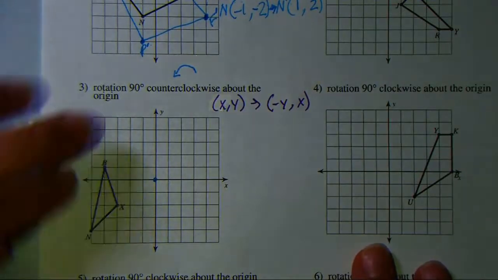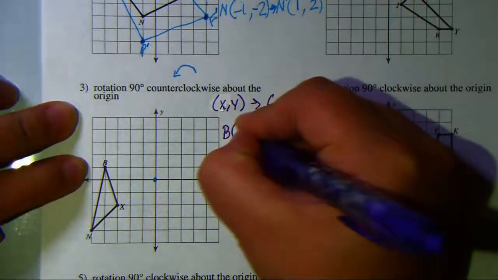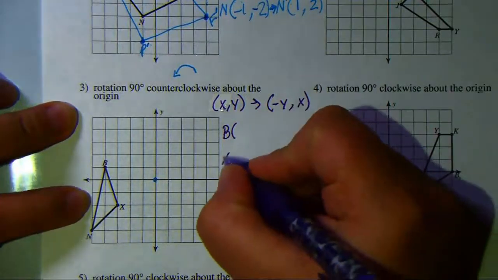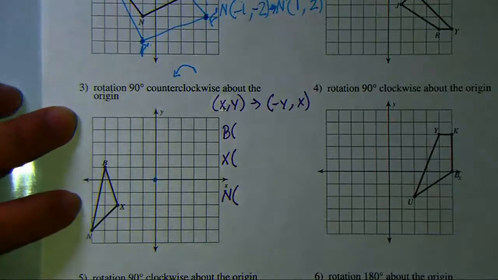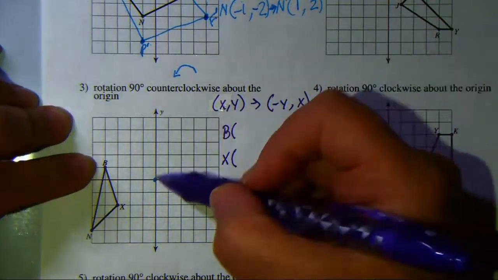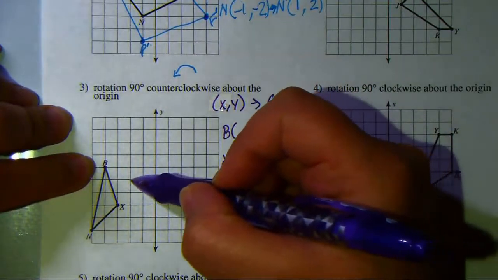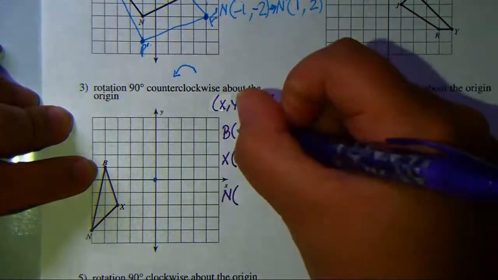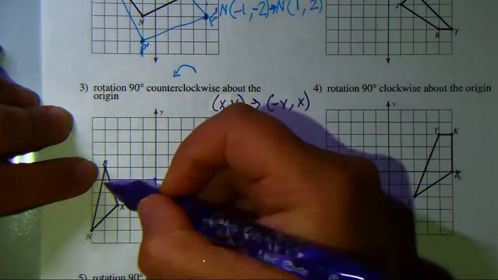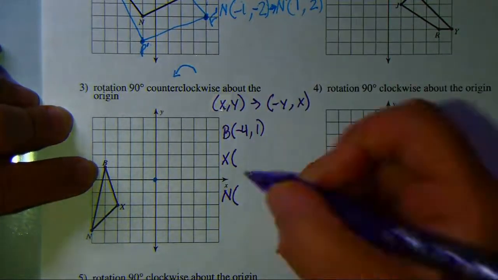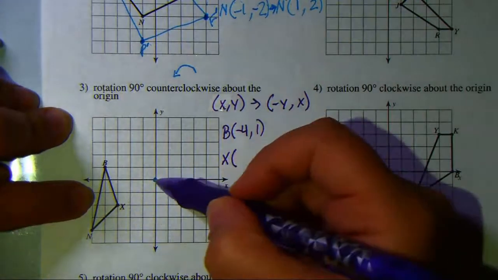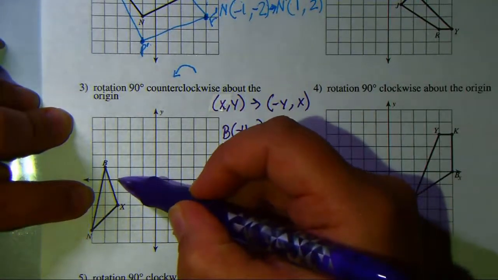So we start by figuring out what our B, X, and N are. Okay, so point B, point X, and point N. We're going to start by figuring out what those are. B is going to be at 1, 2, 3, 4 to the left. So that's negative 4, comma 1 up. So negative 4, 1. My X is right here. So that's going to be 1, 2, 3 to the left.